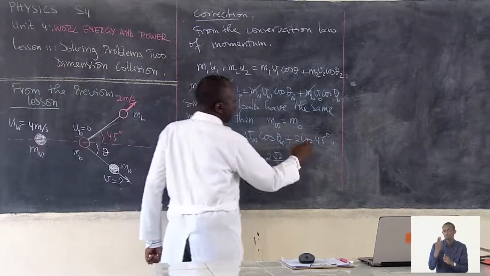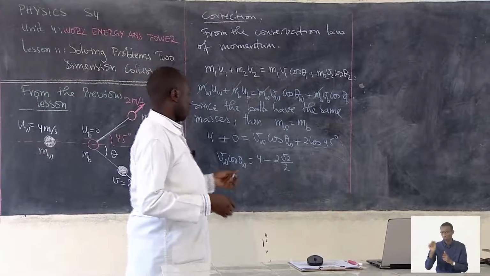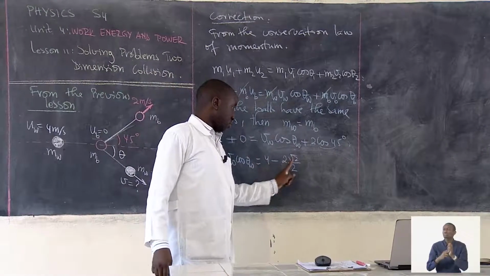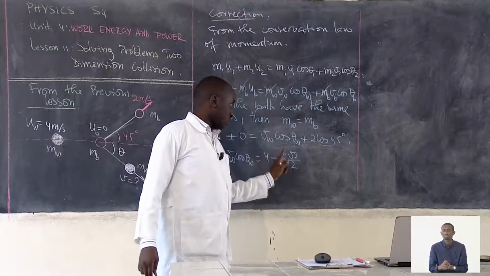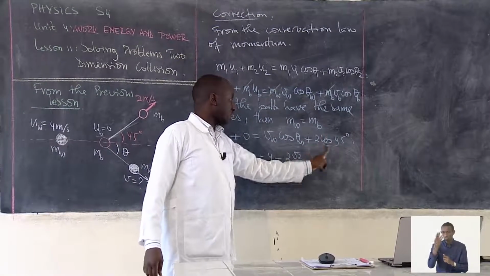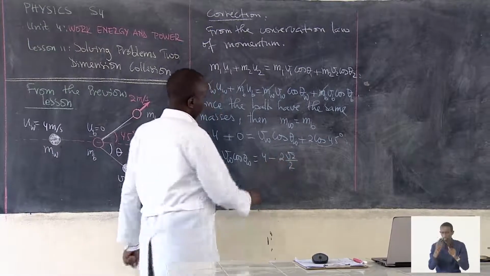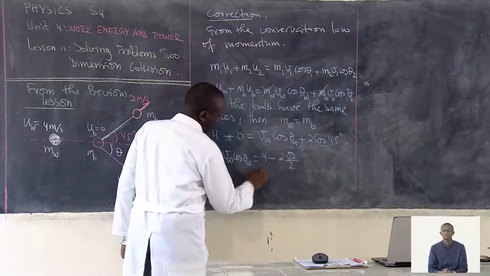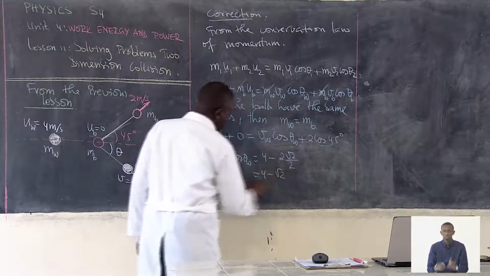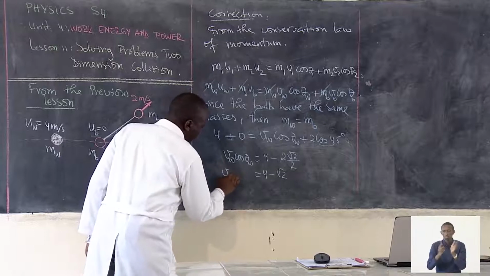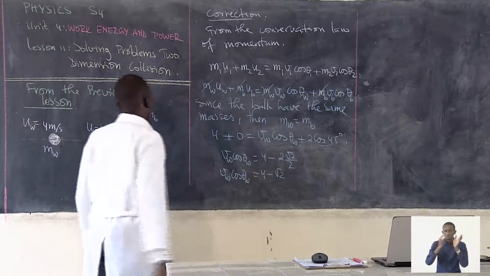You know cosine 45 equals square root 2 over 2, and with this 2 times square root 2 over 2, we find 4 minus square root 2. This is V white cosine theta of the white ball.